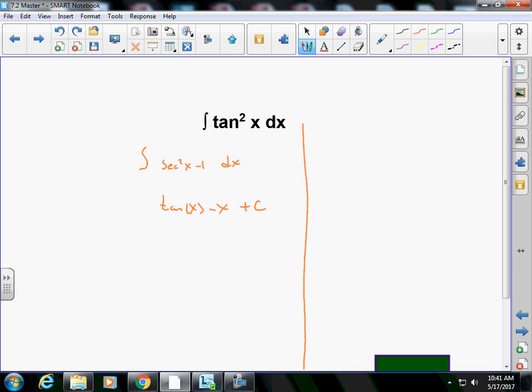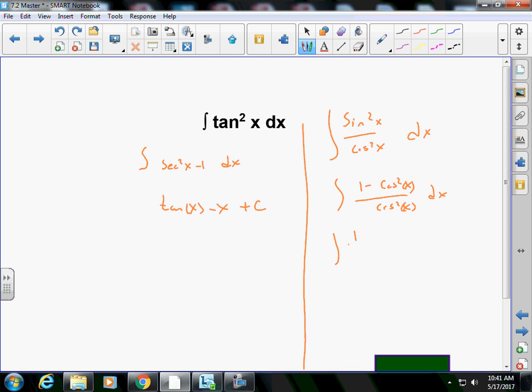If I didn't remember that, I could have started off with saying it's sine squared x over cosine squared x dx. Then I could have done a substitution of 1 minus cosine squared x over cosine squared x dx.